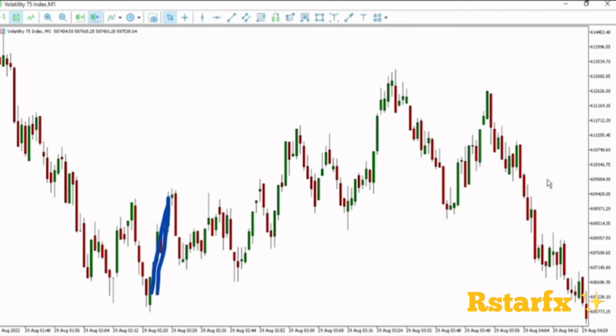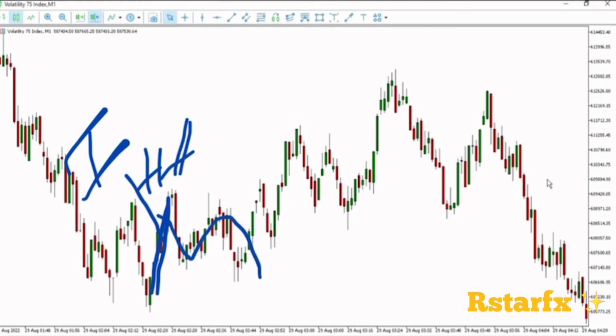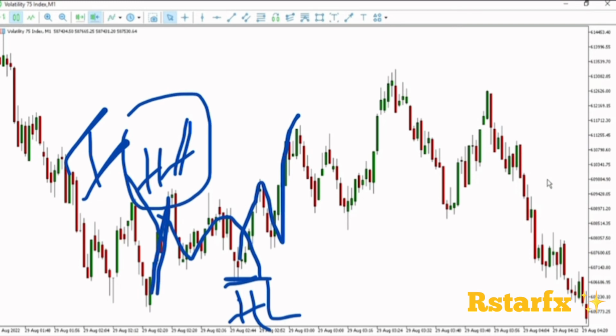An impulse, you get a higher high, then pull back to form a new low here, which is our higher low, then another impulse that breaks our first high that is here to form a new higher high.